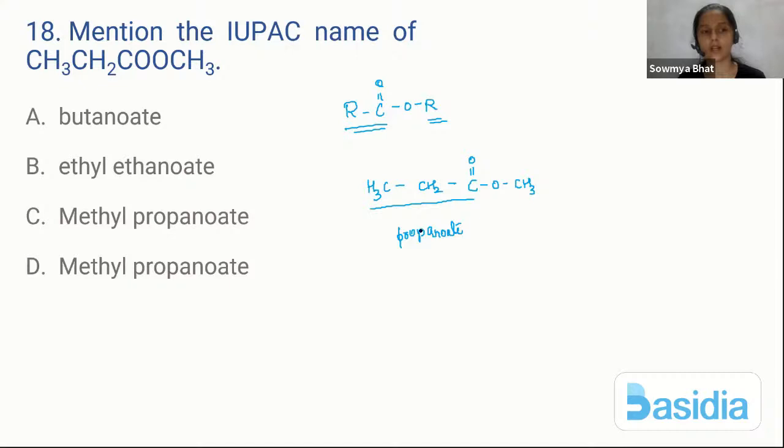Both of them are right. So it should be methyl propanoate. I'm going to select option C, because option D, ethyl propanoate, is a typo. Sorry for that. The correct answer would be option C, methyl propanoate.